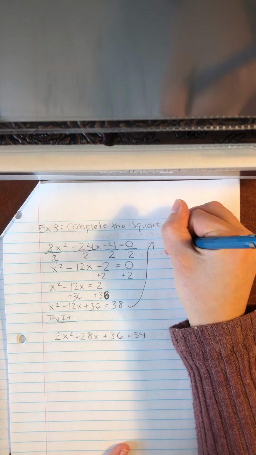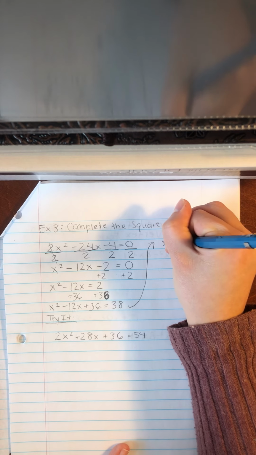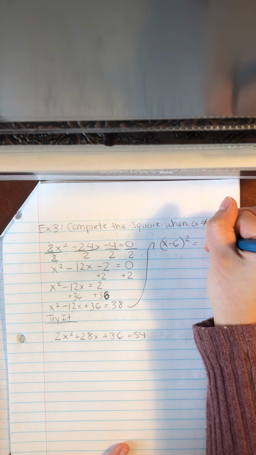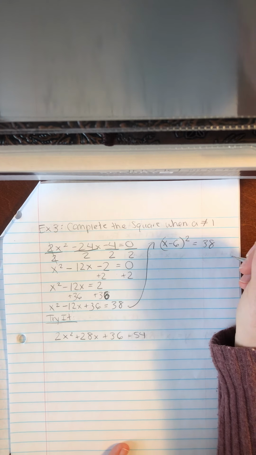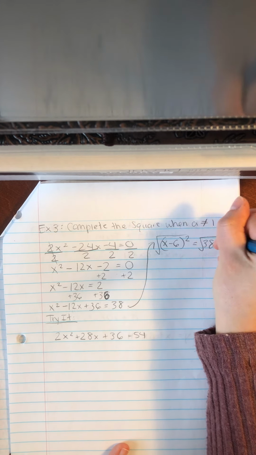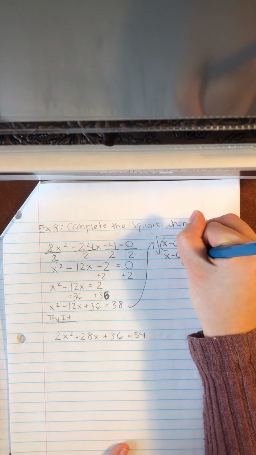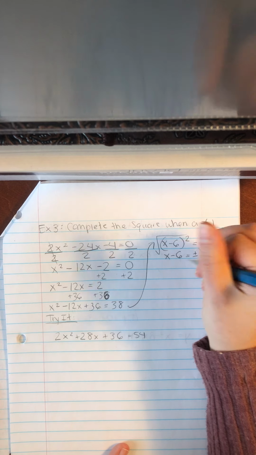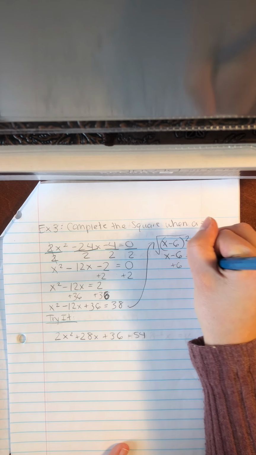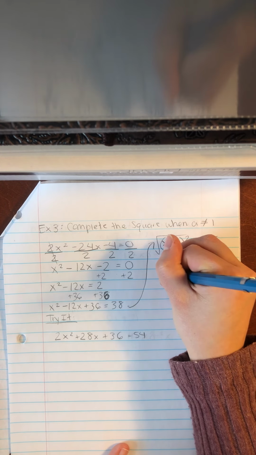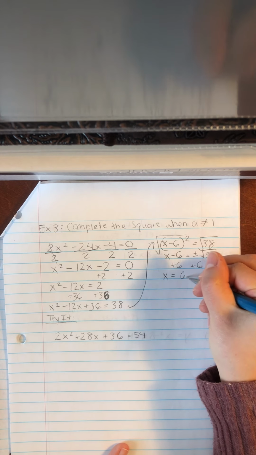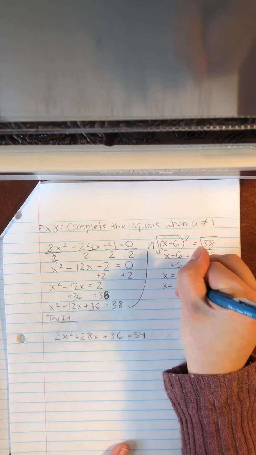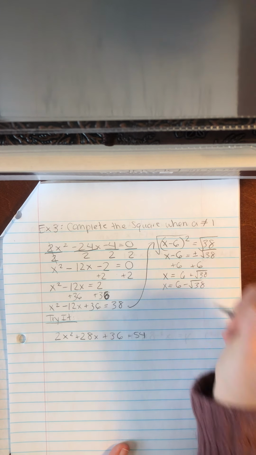Now I'm going to factor this, so it factors to (x minus 6) squared equals 38. Take the square root of both sides. x minus 6 equals plus or minus radical 38. Add 6, add 6. Our solutions are x equals 6 plus radical 38 and x equals 6 minus radical 38.